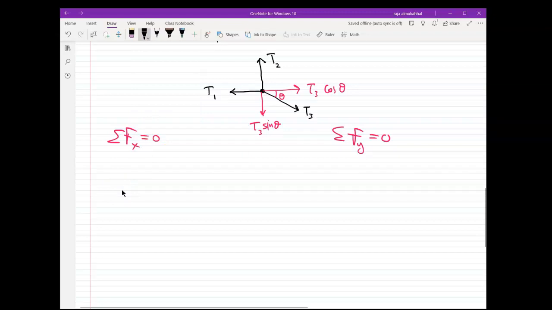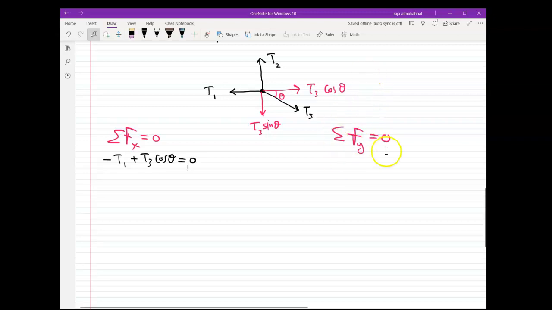So now, what are the forces in the x direction? Well, I have T1, and I have T3 cosine theta. Remember, I don't know what theta is yet, okay? So here I have minus T1 plus T3 cosine theta, and that's equal to 0 in equilibrium, all right?